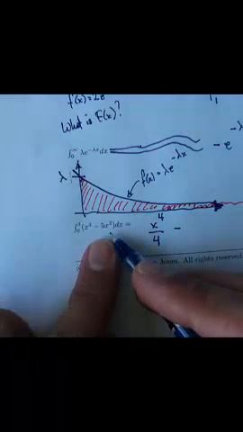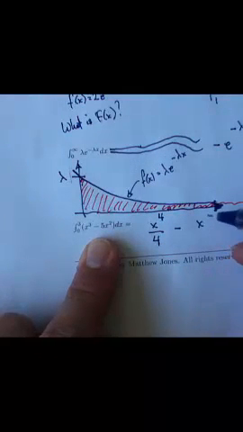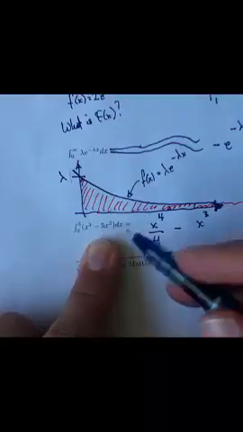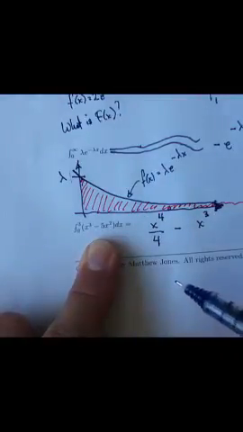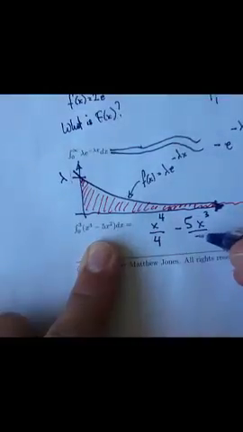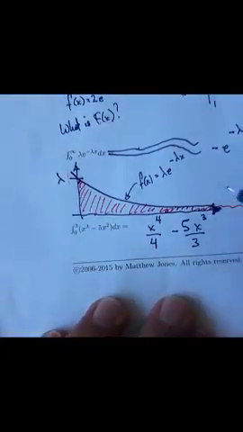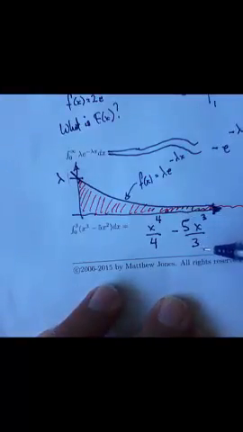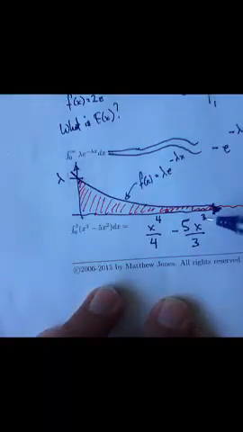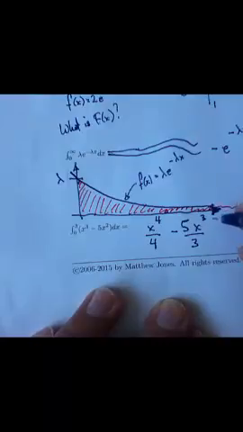What about the next term? I'm going to take x raised to the 3rd, because I'm going to increase that 2 by 1, and then divide by 3. Again, I can check this, because if I differentiated this term, I would take this number down, which would cancel with the 3, and drop the exponent by 1, and I would have x squared. Okay?